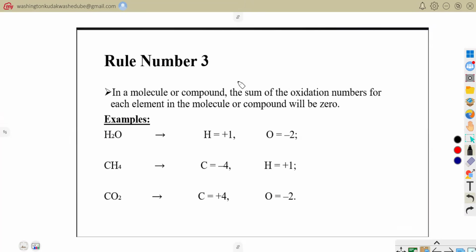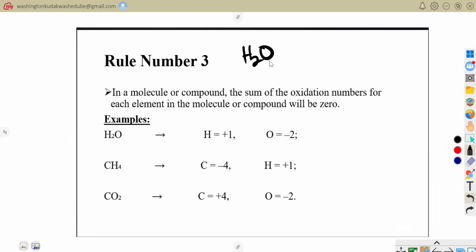Rule number 3 says that in a molecule or compound, now we are back to molecules or compounds, the sum of the oxidation numbers for each element in the molecule or compound would be zero. We agreed that hydrogen as an element has an oxidation number of zero.